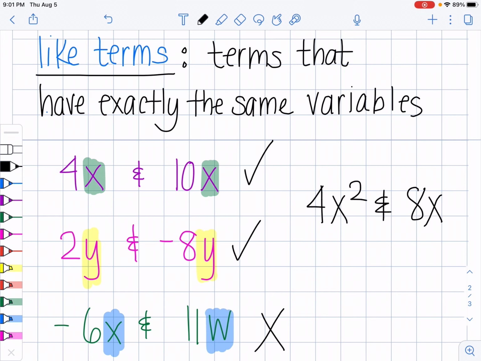They have to be exactly the same. This variable here is x squared. This variable right here is x. X squared is not the same as x. So these ones are not like terms. Exactly the same variable. That also means it has to have the same exponents too.